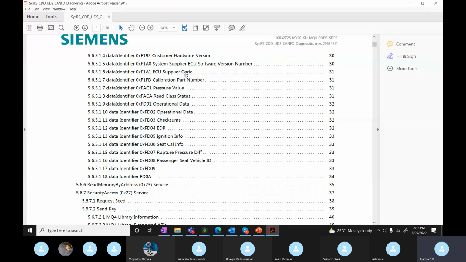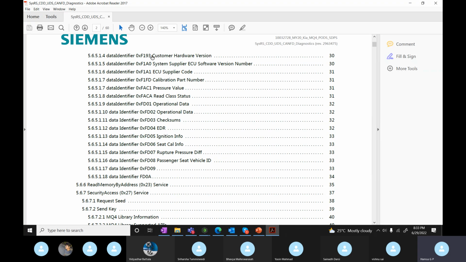Your job is only to write a little code in one of the applications. You will be getting the code from different companies: your client would give it, or Vector would give the code, or EB can give the code, based on which company you are going to. So you will just link that memory to this F1A1, that's it.